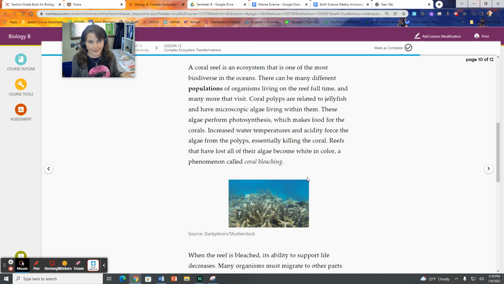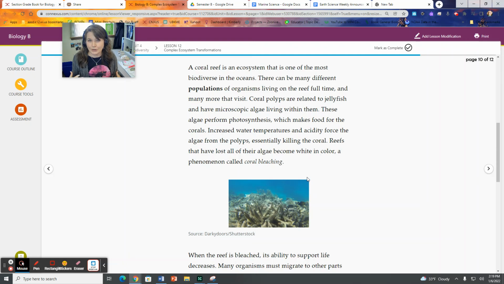They're called zooxanthellae. I think we've talked about these guys before. They live in a symbiotic relationship with the coral, and they're very, very sensitive. And when sea surface temperature changes, if it gets too warm, the zooxanthellae don't like it. They will actually leave, they'll completely extricate themselves from the coral, leaving the coral completely without any zooxanthellae algae in their tissues.